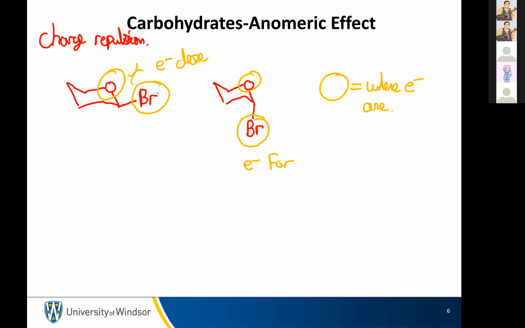And the anomeric effect is stronger the more electron withdrawing the anomeric substituent is.